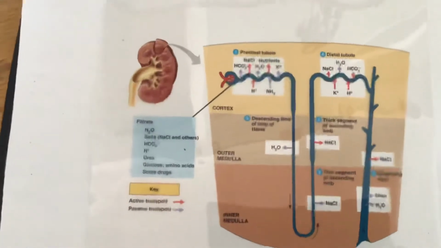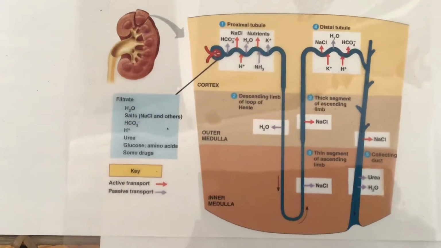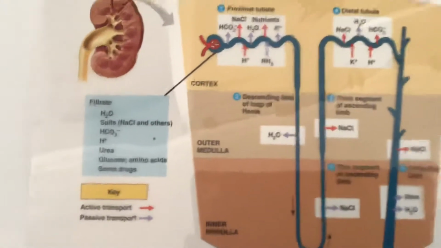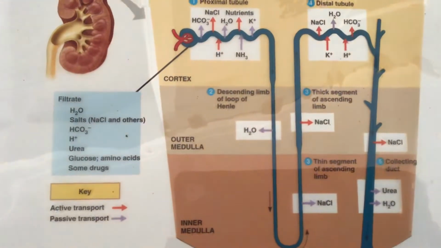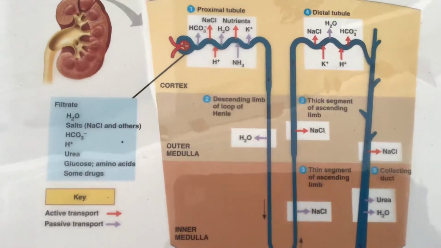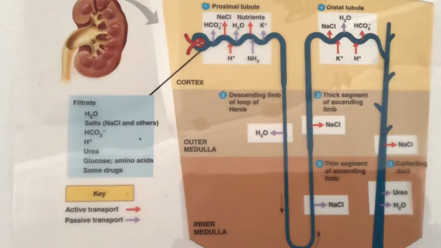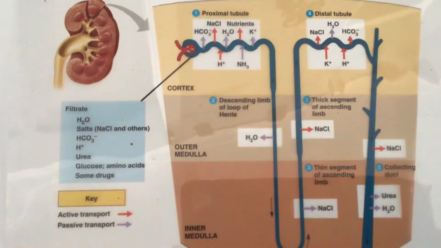If you look at this figure, you can see that the filtrates include water, salts, bicarbonate, hydrogen, urea, glucose, amino acids, and drugs sometimes end up in there. So things that you take, for whatever reason, might end up in there.